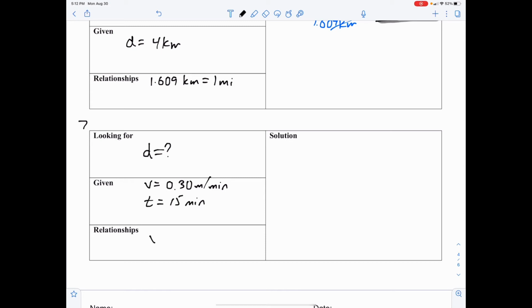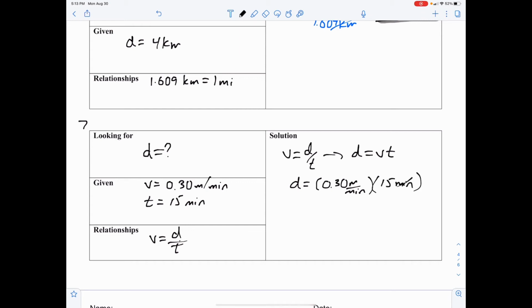So we're looking at V equals D over T. And if you remember, we multiplied both sides by time and we got distance is equal to speed times time. So distance is equal to 0.30 meters per minute times 15 minutes. You can see how minutes cancels.